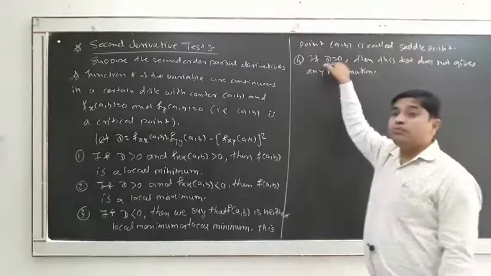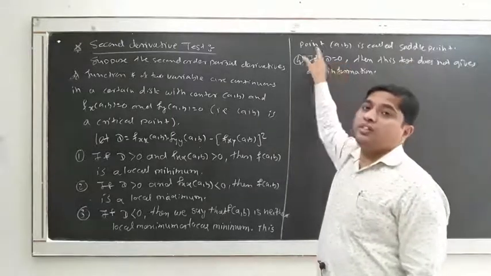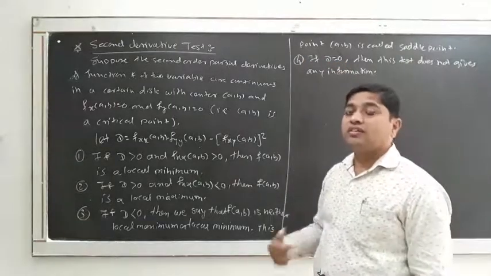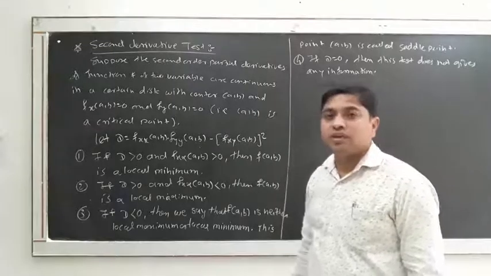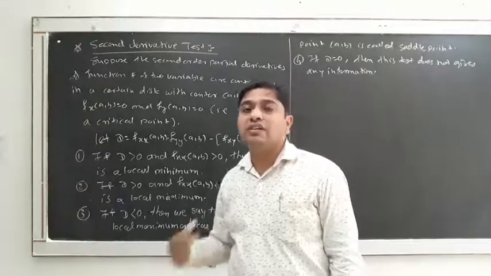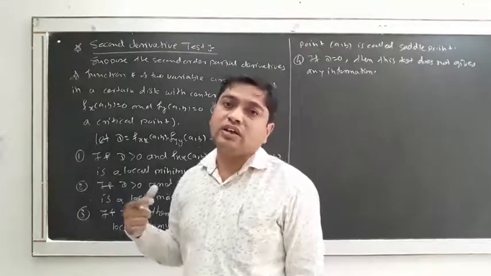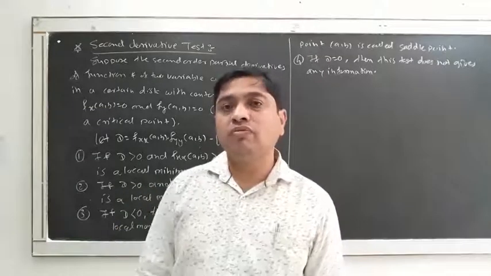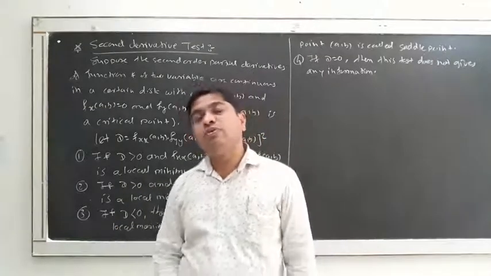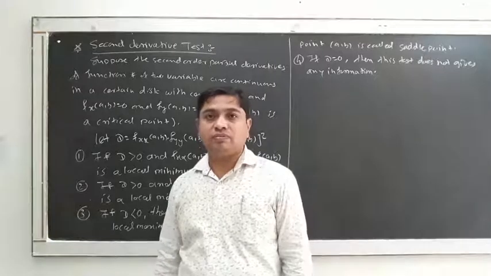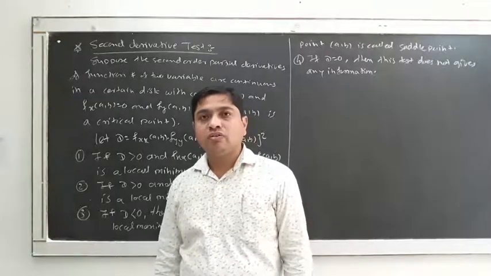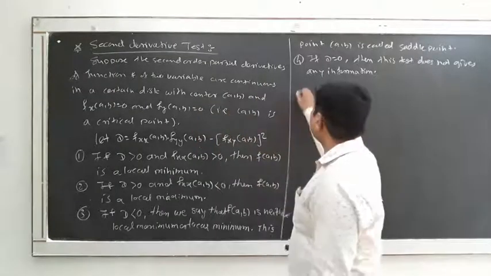If D is equal to 0, then this test fails, or does not give any information. That means at this point, the function may have a maximum or minimum value, but the test cannot say anything.